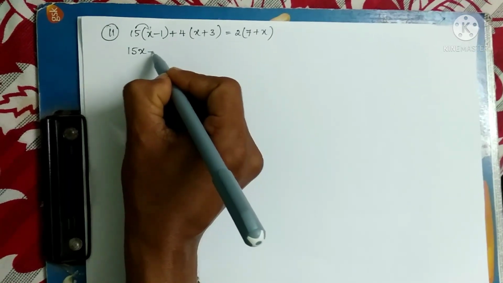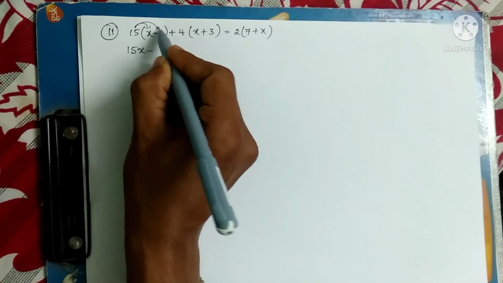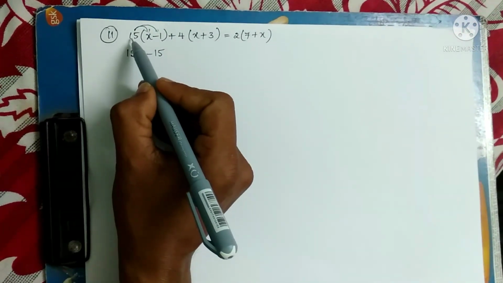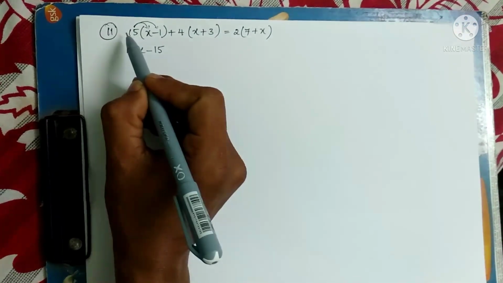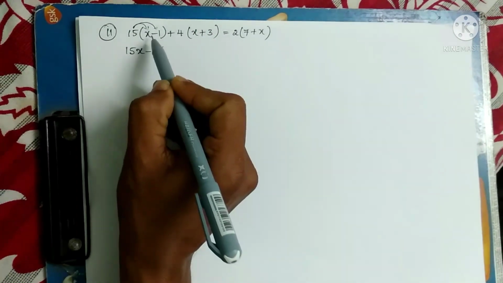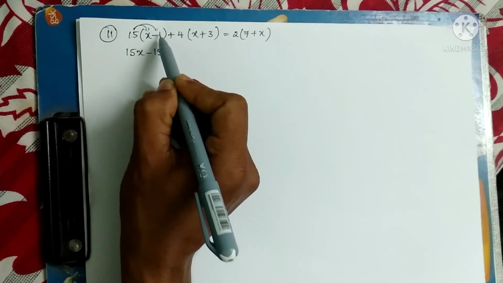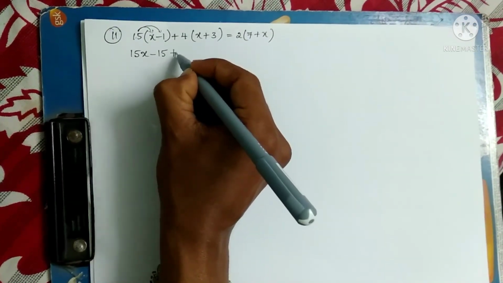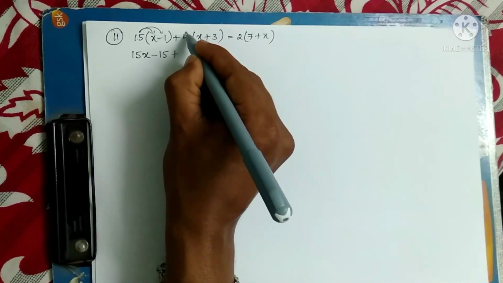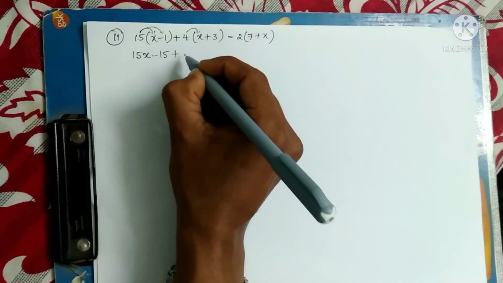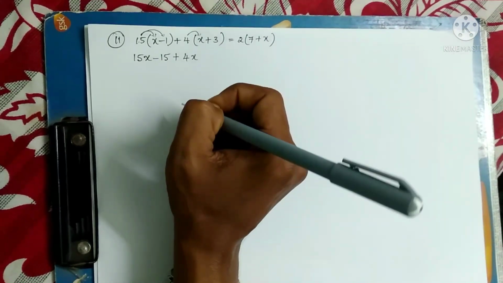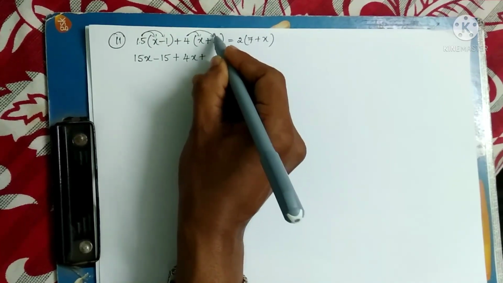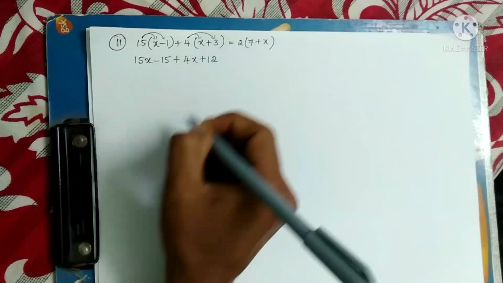So write minus as it is. 15 ones are 15. So here we have multiplied 15 with two terms, that is 15 into x is 15x minus 15 into 1 is 15. Now write plus as it is. Again multiply with 4. 4 into x is 4x plus 4 into 3 is 12.